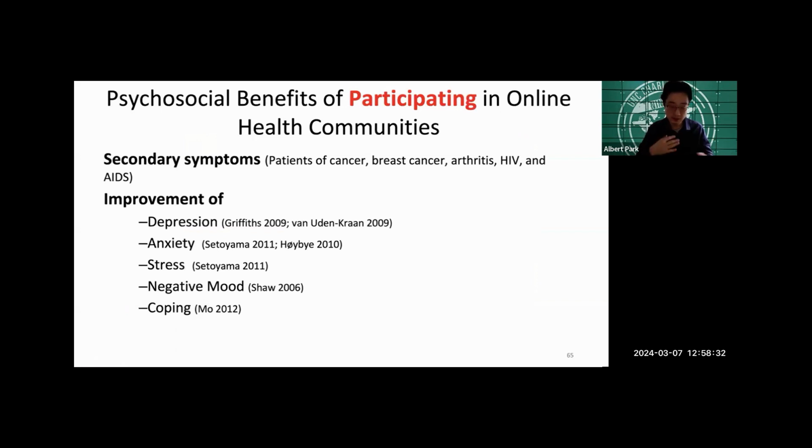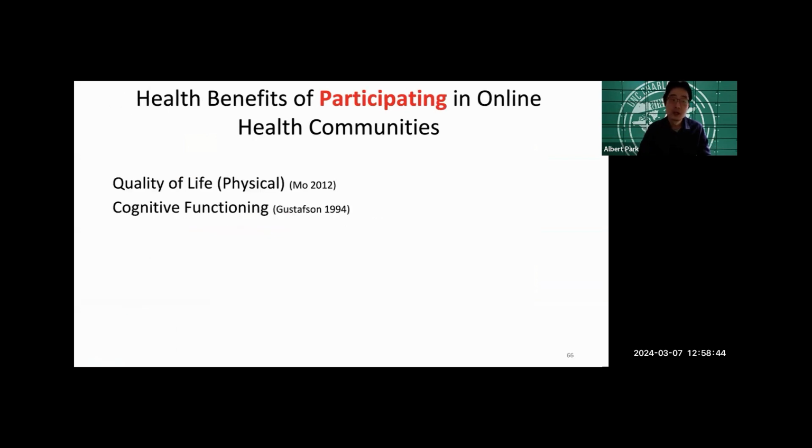You have to actively talk to other people and discuss your symptoms and help other people as well. A few studies also investigated the regular health benefits of participating in online communities. For example, physical quality of life and cognitive functioning were improved for AIDS and HIV patients in 2 different studies.